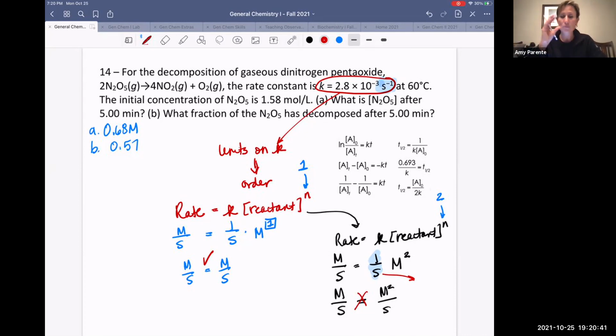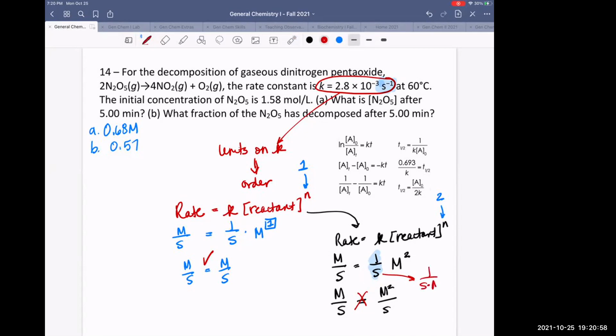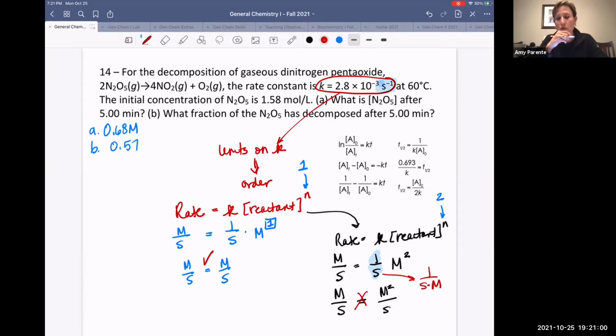That doesn't equal molar per second. Okay. Does it make sense? I need to have something else in my denominator here. Do you see?